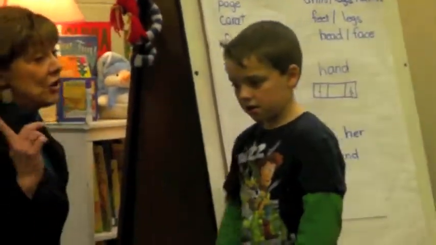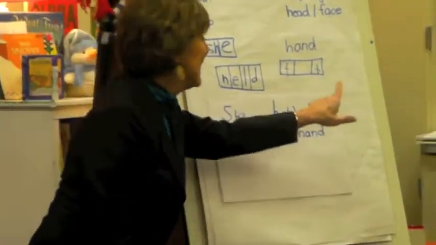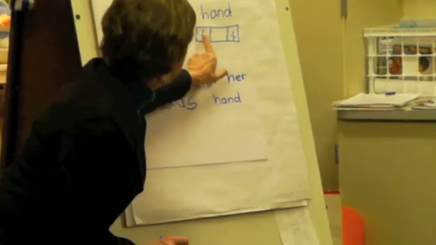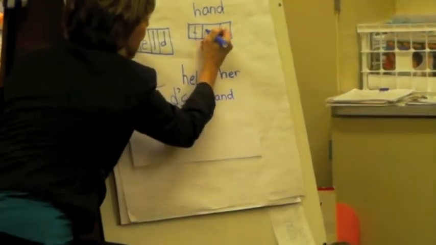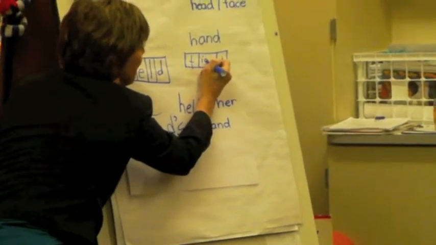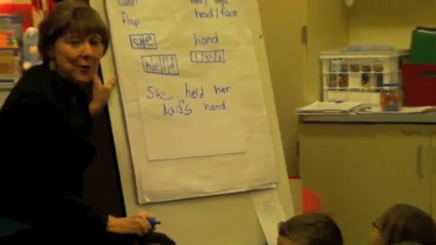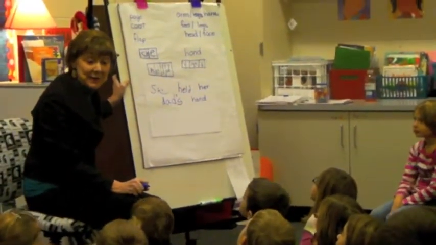Now I'm going to show you something tricky, because can you whisper the sound we have to hear? It is an I sound, but you know what? All those letters make the I sound in the word tight.